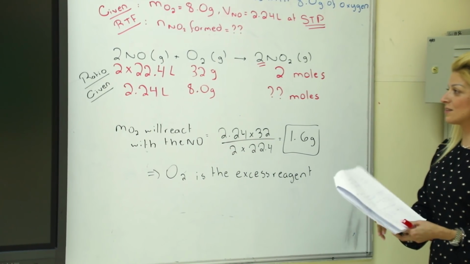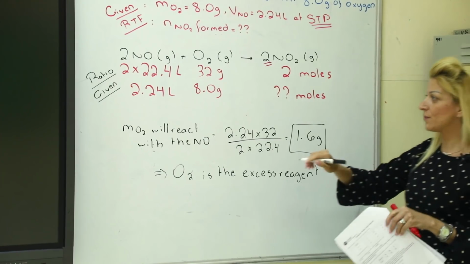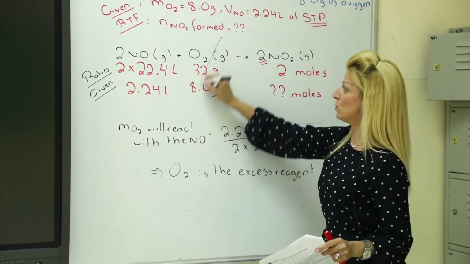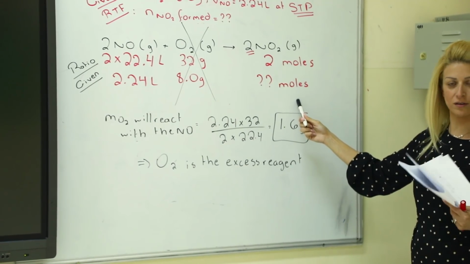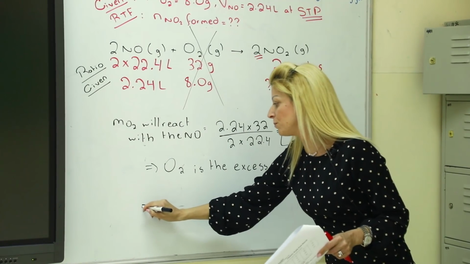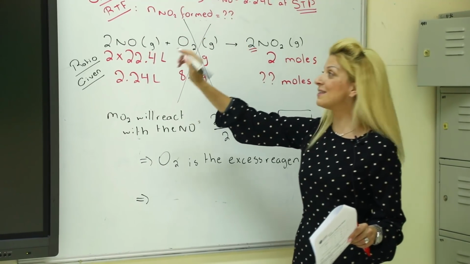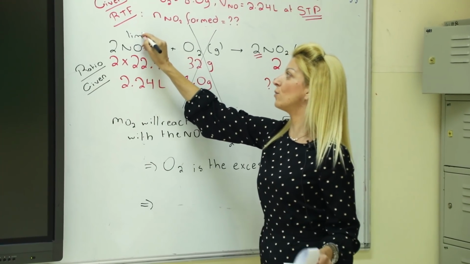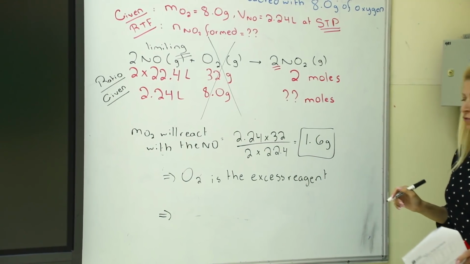What we do next is we cross out the excess reagent, which we found out to be the O2, and we use the limiting reagent to get our product. So the last step would be to cross multiply using the limiting reagent, which is NO, to get the number of moles of product formed.